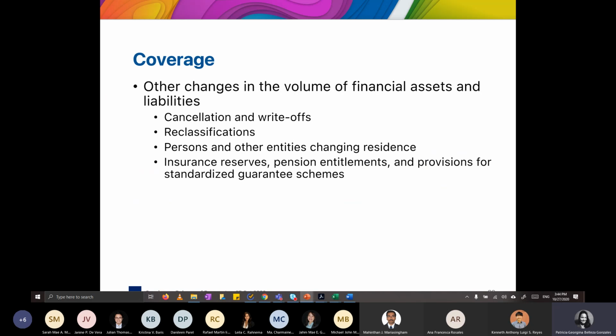Other changes in volume have something to do with these kinds of economic events: cancellation and write-offs of financial assets, like when they are disposed of, discarded, or reclassified, or when persons and other entities change their residence, so they will now leave your financial asset account.